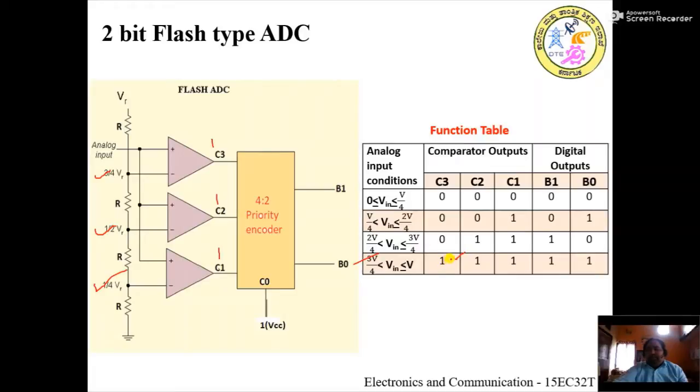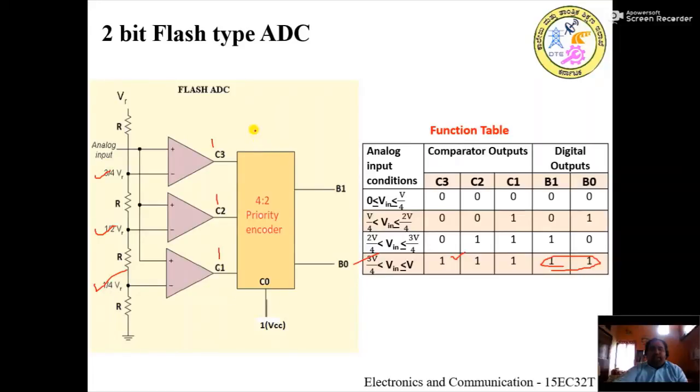As per the truth table or the priority function, the output should be 1 1. So like this, we would be getting the digital outputs for an unknown analog input. This is how a 2-bit flash type of ADC works.